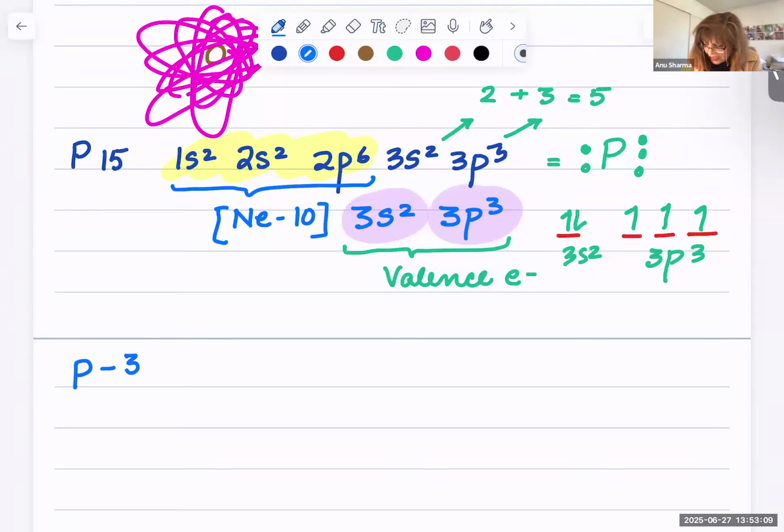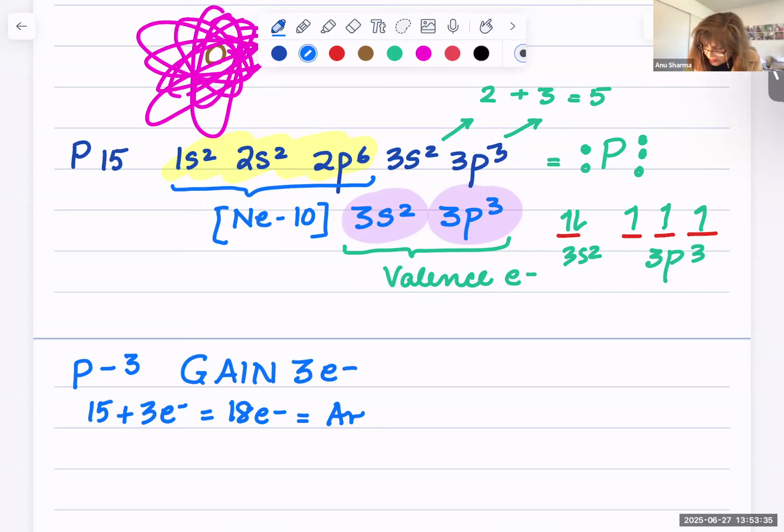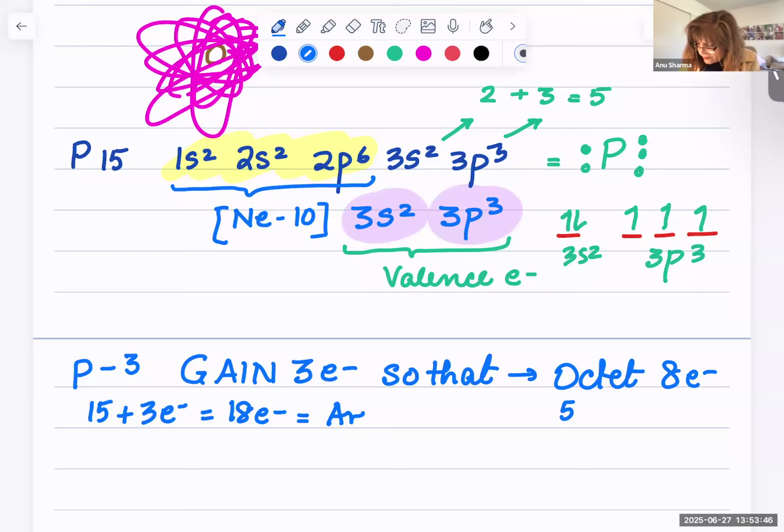In that case, minus 3 does not mean remove 3. It means 3 more electrons are added. So it becomes a total of 18 electrons, like argon. Phosphorus prefers to gain 3 more electrons so that it gets an octet. An octet is 8 electrons: it already has 5 plus 3 more, and it gets 8 electrons.